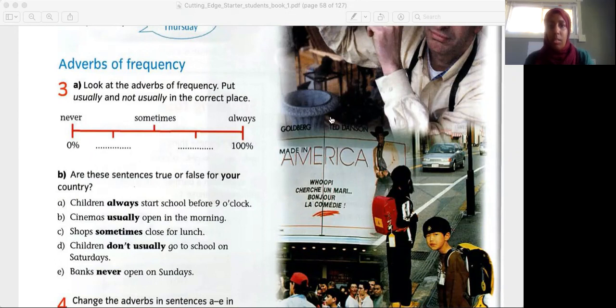Raphael, looking for his contact. There he is. Saying, did you study adverbs of frequency in Australia? All right.